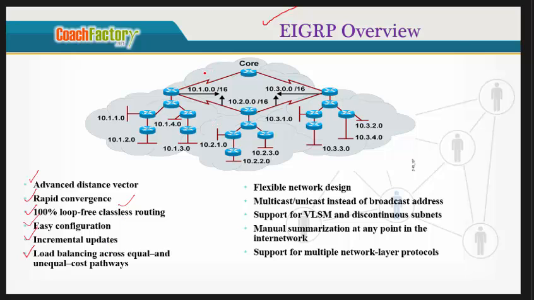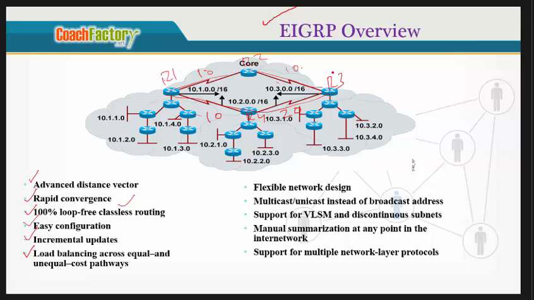For example, take routers R1 and R3. R1 wants to reach R3, it can go via what? Both the paths. It can go through R2 as well as R4. So let's say this is the cost via R2, and via R4 this is the cost.